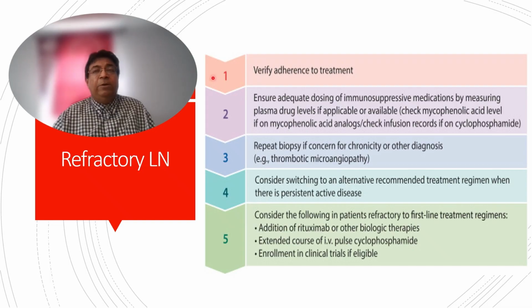They may have nausea or diarrhea, and they may not tell you that they have these adverse effects. Some patients will reduce it to every other day or several times a week instead of on a daily basis. Some people will not take it at all. So you need to verify adherence. That may be why lupus nephritis did not improve.